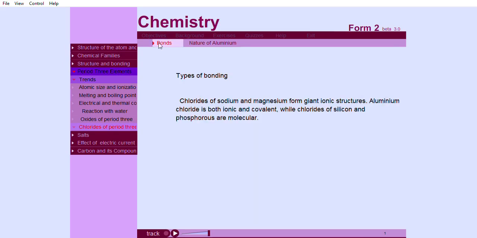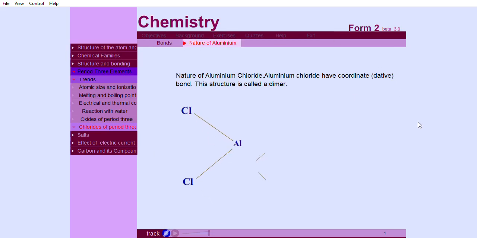The table below shows bond types and properties of chlorides of period 3 elements. Nature of aluminium chloride. Aluminium chloride has a coordinate or dative bond. This process is called a dimer.